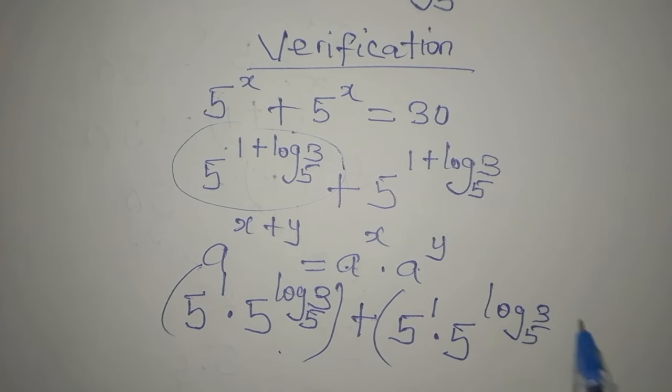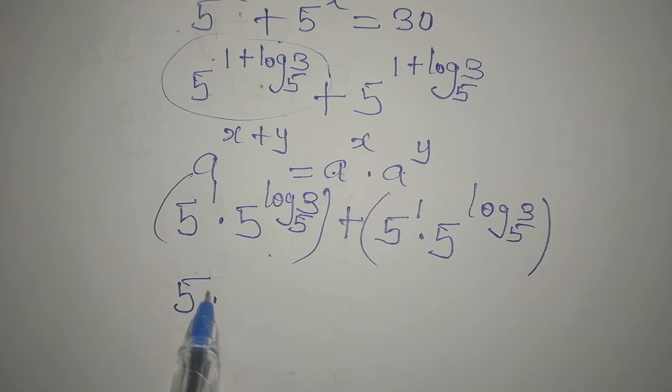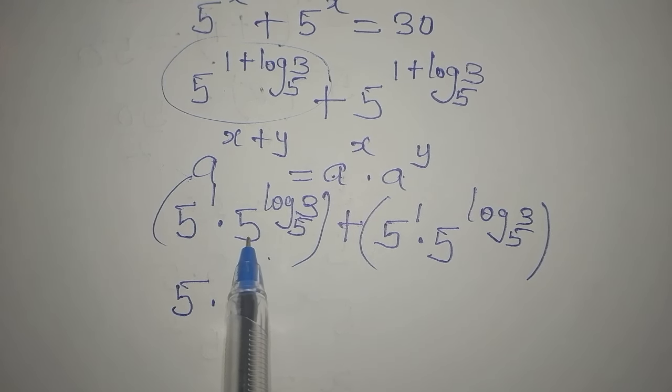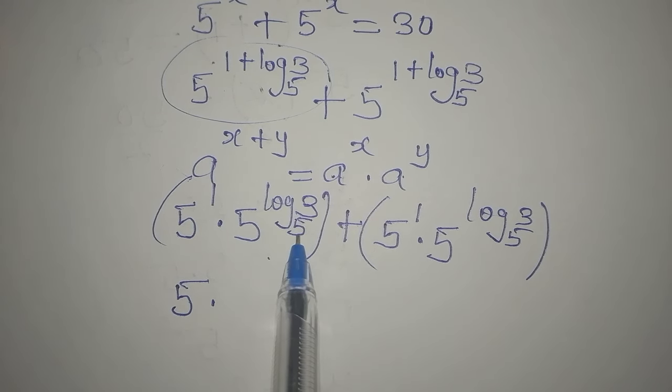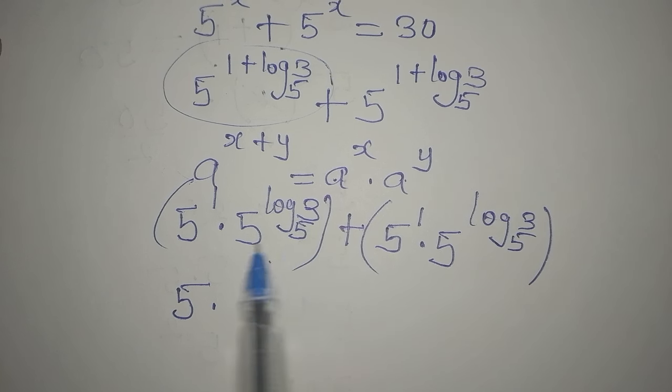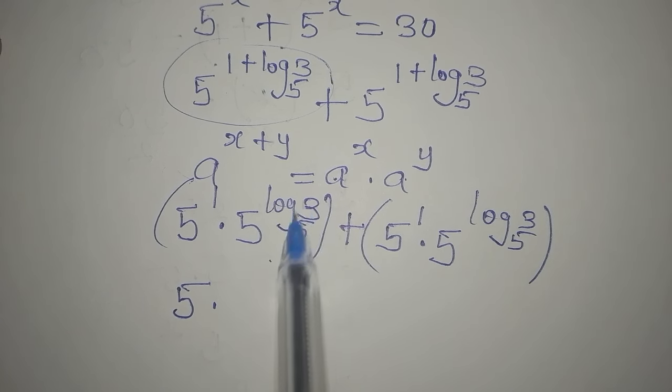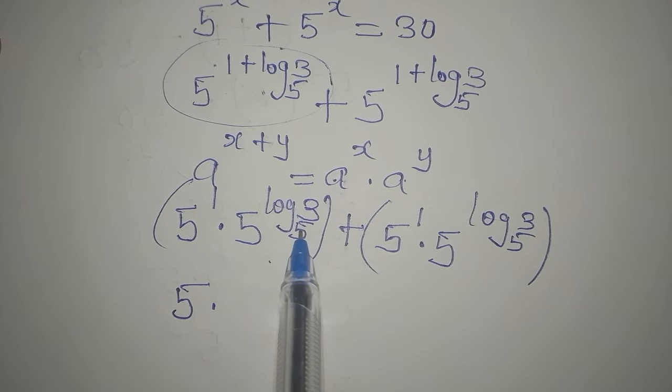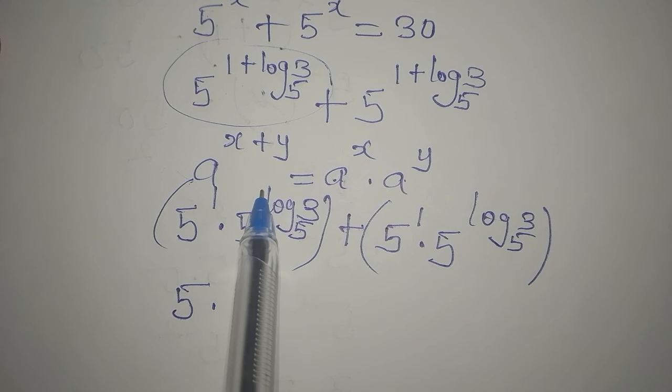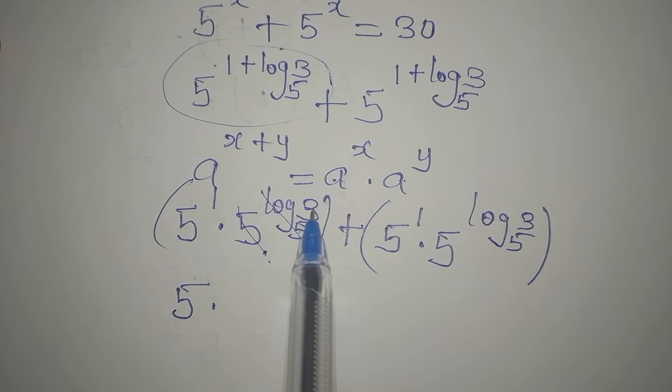This is very simple. This is 5 times 5 to the power of log 3 to base 5. So this 5 has this as its power. Therefore, if this base and this are the same, then we can let go of this and we'll work with 3.